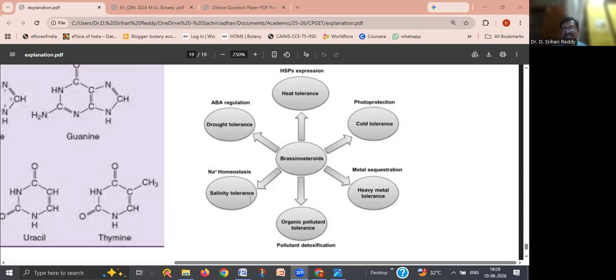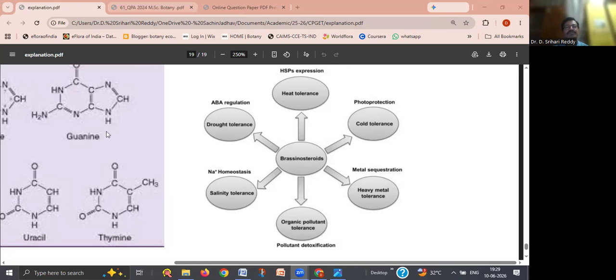And salinity tolerance: if the salt concentration is high in the soil, saline soil, they can grow. And drought tolerance: they can grow when there is scarcity of water. This is by ABA, abscisic acid, regulation. So these are all the features of brassinosteroids. Due to their presence, plants show all these features. So that is the answer for this question.